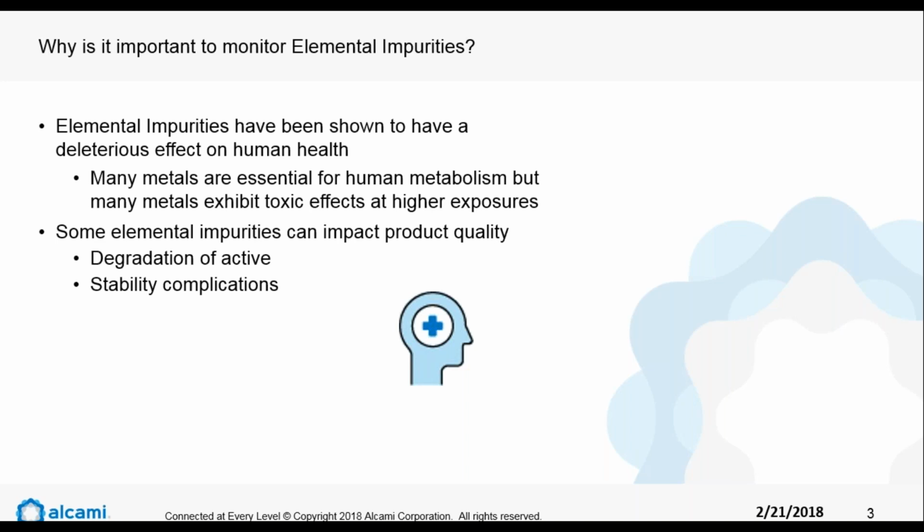So it becomes important to control the amount of elemental impurities going into people through pharmaceuticals across their entire life. In addition to that, elemental impurities can also pose issues for drug products themselves. Some APIs and degradation pathways will occur in the presence of elemental impurities. So it's just another reason why elemental impurities are important to monitor in drug products.